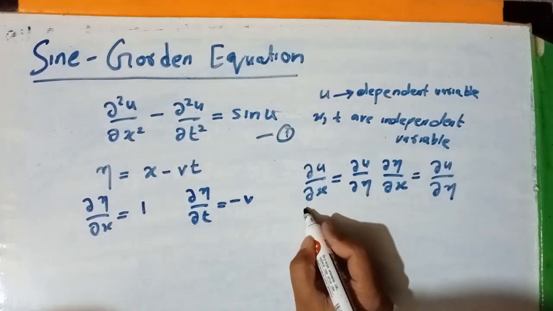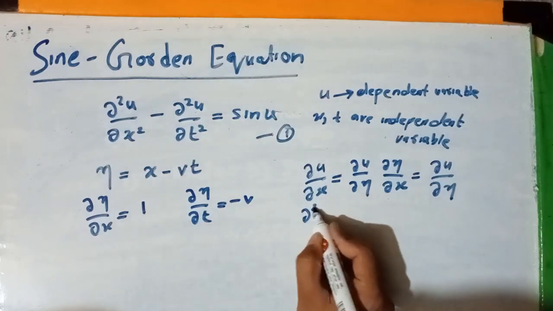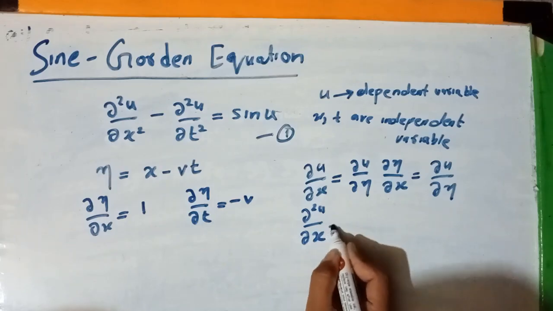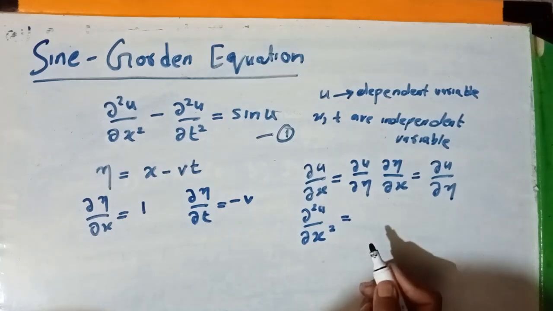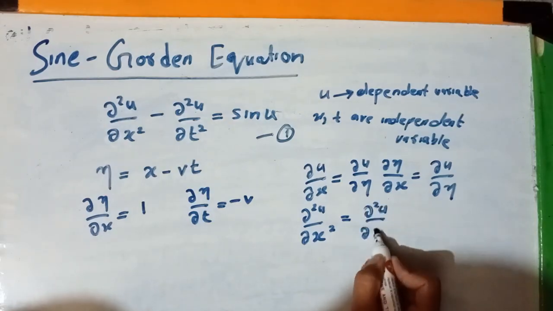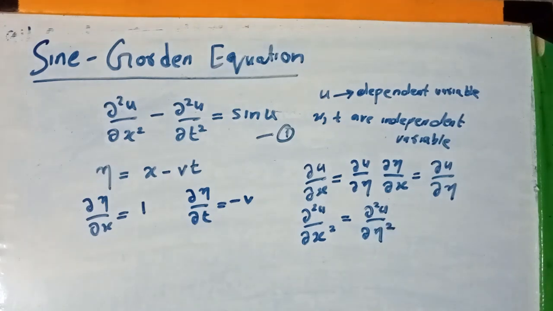If we take the derivative again, ∂²u/∂x² = ∂²u/∂η².